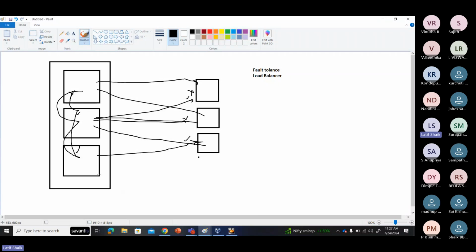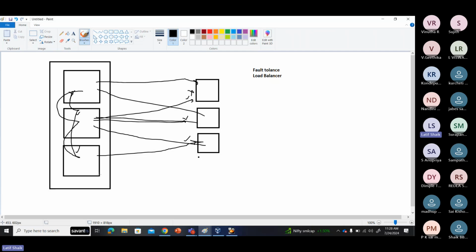A huge number of requests will be generated, so they cannot be handled by a single server. What will they do? They'll create multiple servers in a cluster. Any request that comes will be handled by these multiple servers.